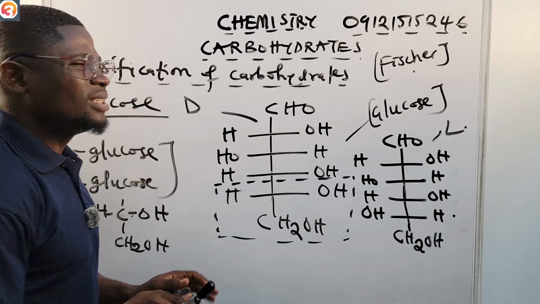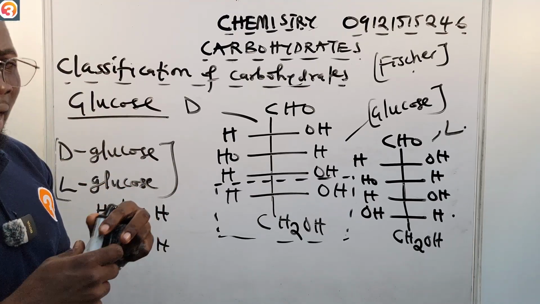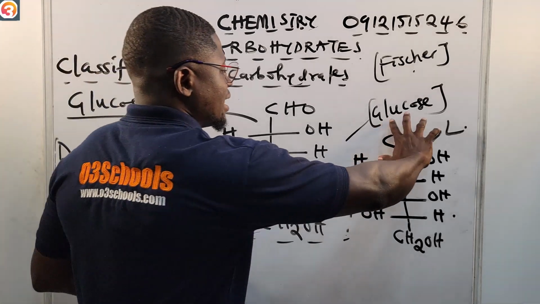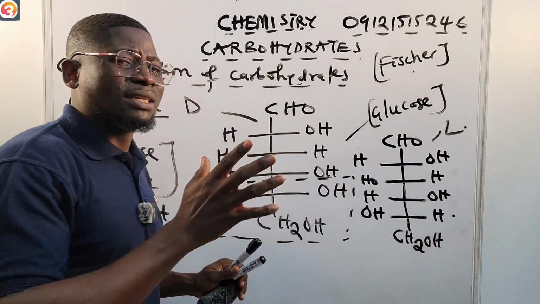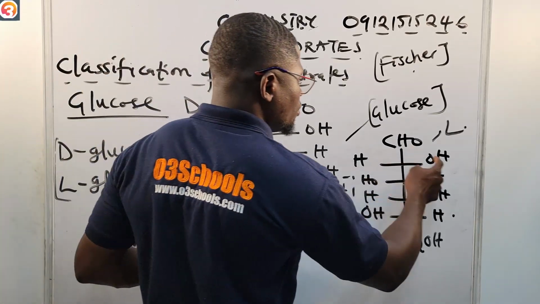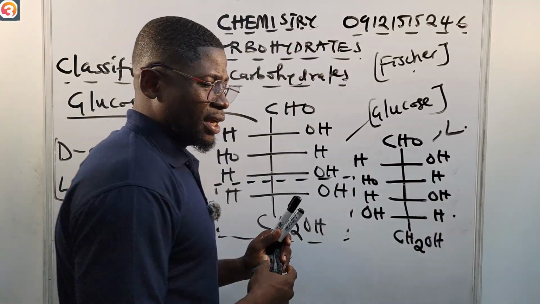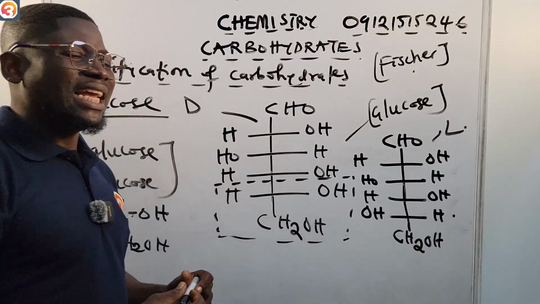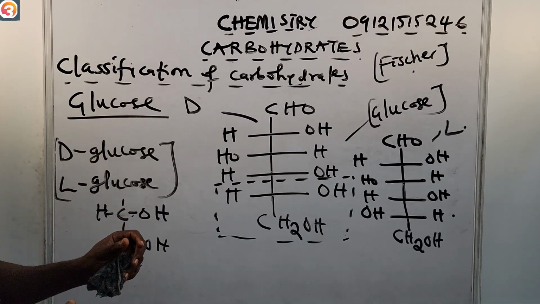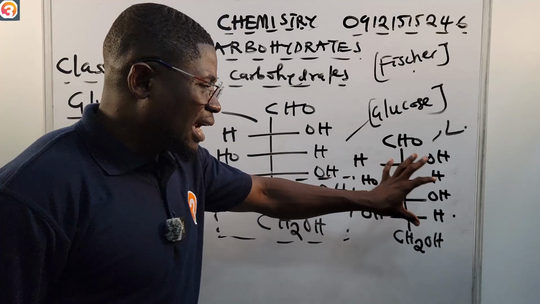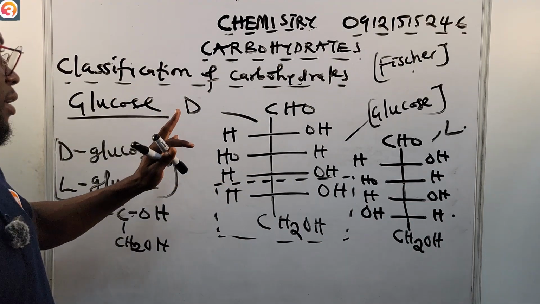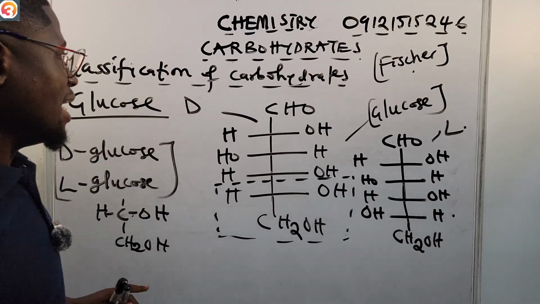As you can observe, a glucose molecule has several hydroxyl functional groups, OH groups, almost everywhere. So we call it a polyhydroxyl compound. That's how you differentiate between D-glucose and L-glucose.